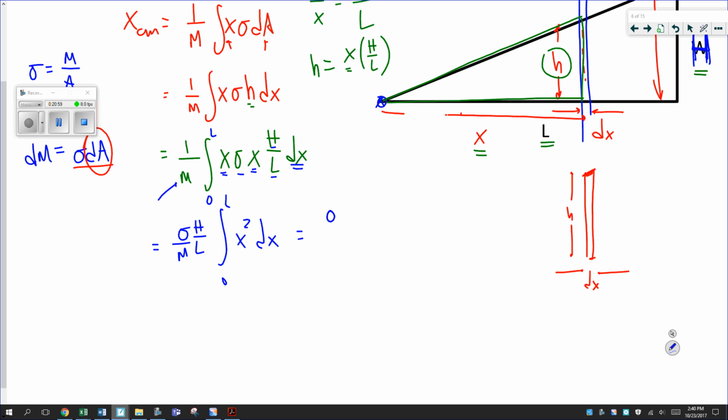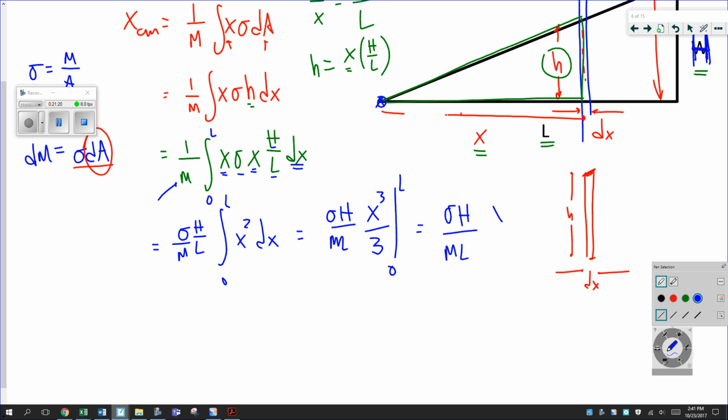So that's sigma H over mL. Well, if you integrate x squared dx, you get x cubed over 3. We evaluate from 0 to L, which is L cubed over 3, yes, minus 0 cubed over 3, but I'll leave it at that.